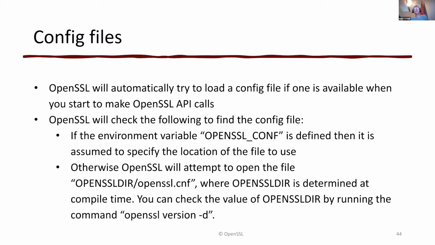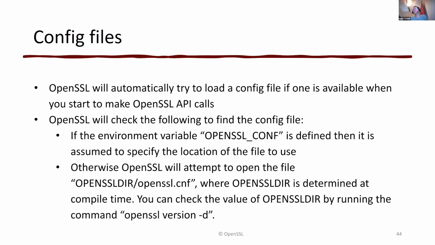So OpenSSL will automatically try and load a config file if it can find one when you first start to make OpenSSL API calls. It's going to look in one of two locations. The first thing it will check is your OPENSSL_CONF environment variable. If it's defined, it's assumed that it's pointing at the location of a config file.